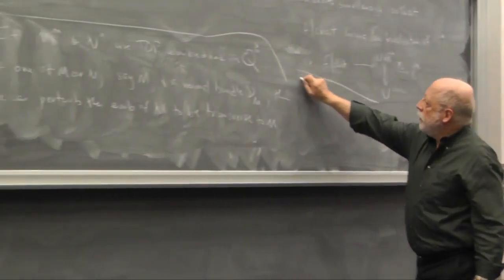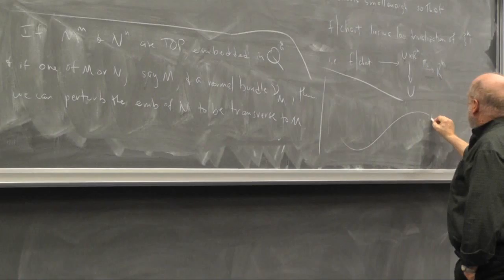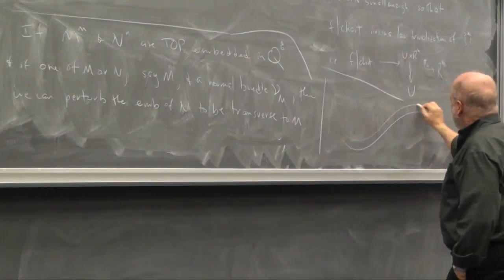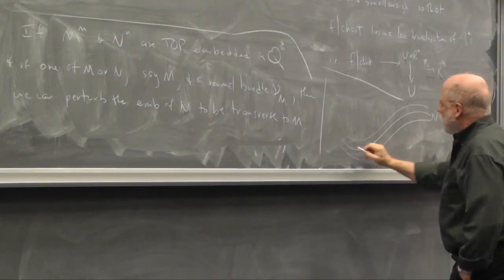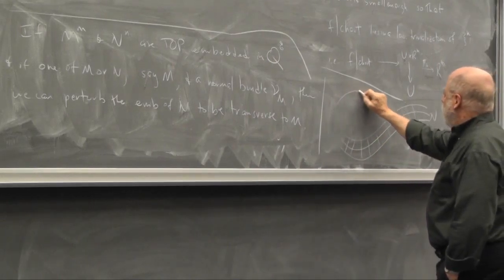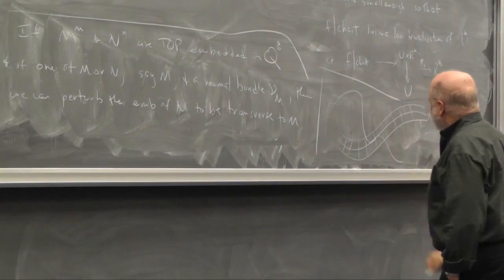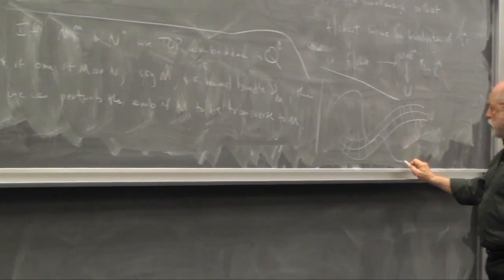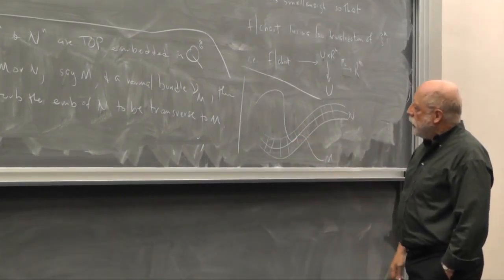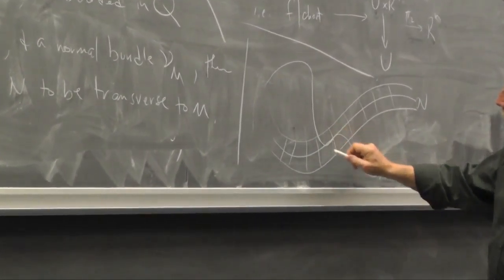What's going on is that here you see N, this is N sitting inside the blackboard, which is Q, and it's got a normal bundle. Doesn't have to be trivial, but it's got a normal bundle. And then here comes F wandering along, and it does whatever it does. This is M, the embedding, it's the image of M. And it's not necessarily transverse to N. But you use local trivializations.